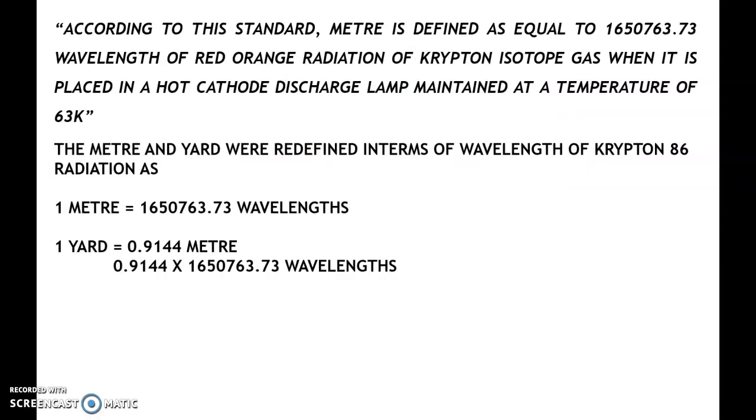Here we can see that 1 meter is defined as equivalent to this many wavelengths of the krypton 86 isotope, and the yard can also be defined using the same wavelengths of the same isotope. So any standard can be reproduced anywhere on the earth.